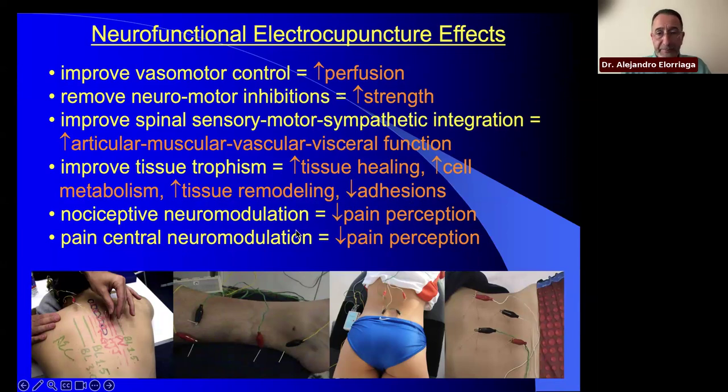And obviously, the same strategy to decrease pain perception that we use via nociceptive peripheral receptors, we can use simply by sending low frequency signals to the brain and triggering the very well-known reflex of secretion of beta endorphins and certain dynorphins, and that also will modulate the pain perception.